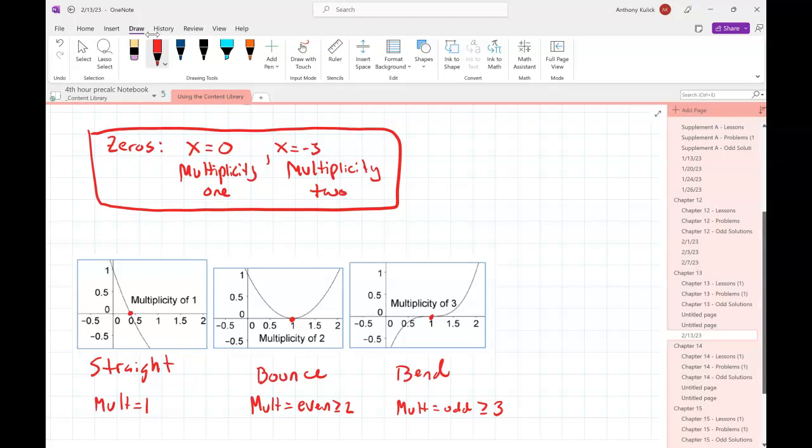So if I have a bounce, the multiplicity could be like 2, 4, 6, 8. Not 9, because that's an odd number, but it could be 10. If I have a bend, the multiplicity could be 3, 5, 7, 9. Not 10, because that's an even, but maybe 11.